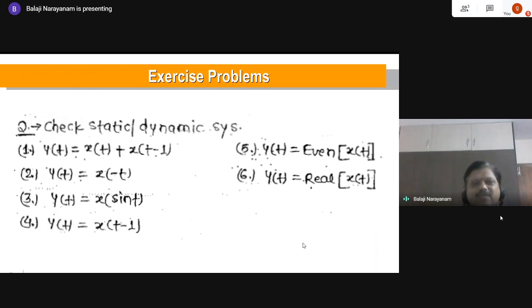This is what I am saying, that the fundamental concepts we covered in session 1 are definitely useful. And here you will observe that y of t is again a real part of x of t. So if the system equation is given like this, then the concepts like even part of a signal, odd part of a signal, real part of a signal will be useful for us in solving such problems.